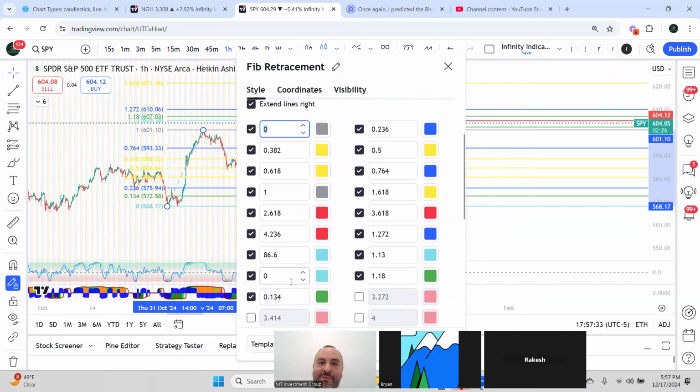Your zero is gray, but then you added another zero to it, probably just the same line. Yeah, you're right. I just copied this from my fib mentor, so this is the way he had it. Maybe you could take a screenshot of your fib settings and post it in the chat. Yep, I got it. I'll post it in there.